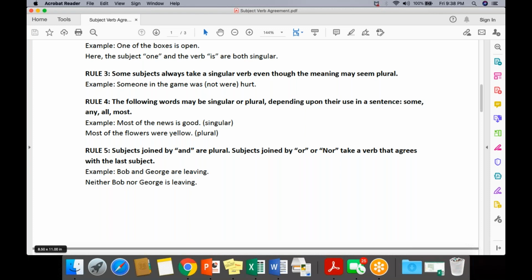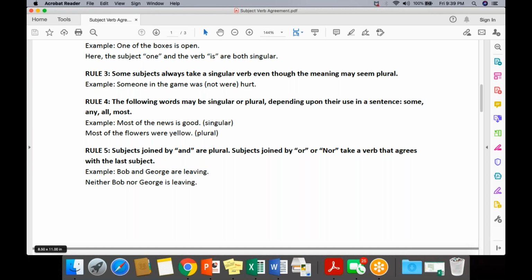If it is neither children nor Ram, the verb will be singular because it has to be in coordination with Ram. But if children is there, my verb will be plural because it is referring to children. If it was Ram, my verb will be singular because it is closer to Ram. So Vinisha, what I'm saying is, suppose one of my subjects is singular, one is plural, and they are connected by words like either or, neither nor.